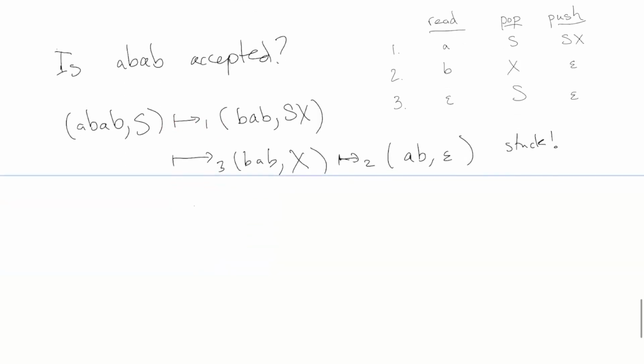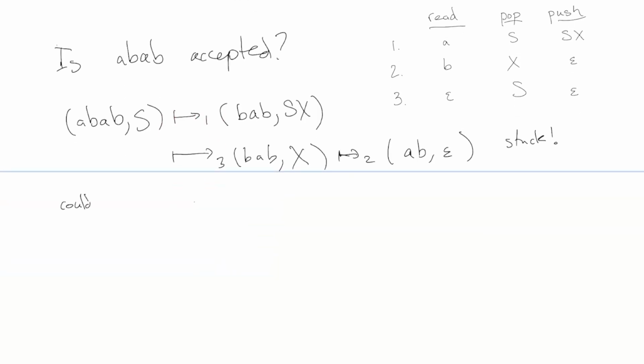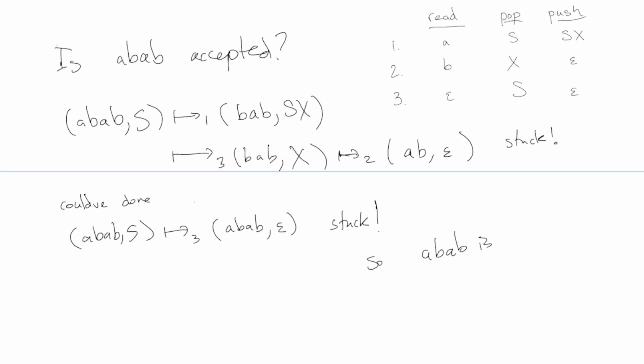So if you want to just be sure, we could have done AB, comma, S. Rule 3 gives me AB, empty string, but then again, we'd be stuck, right? Those are the only real options that we had. And in either case, it gets stuck. And so this string is rejected. It's not possible to get to epsilon, comma, epsilon. So ABAB is rejected.